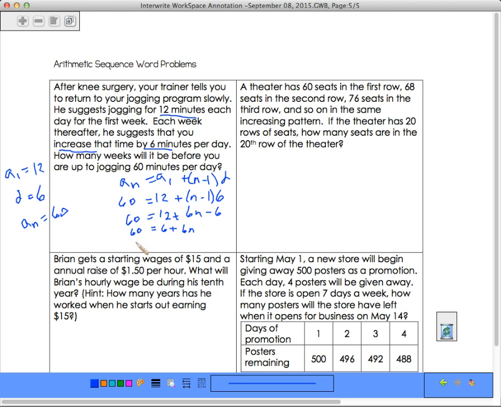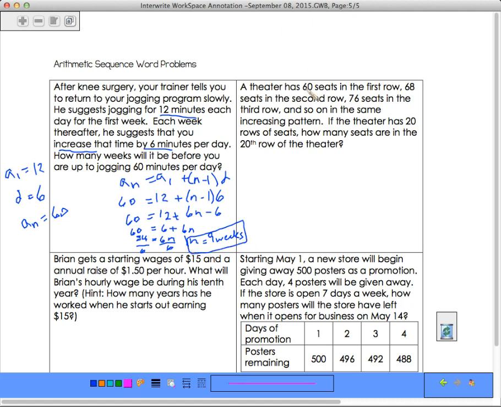Subtract the 6, and I will get 54 equals 6n. Divide by 6, and we get n equals 9, and this is weeks. So we were looking for. All right, and that one's done.